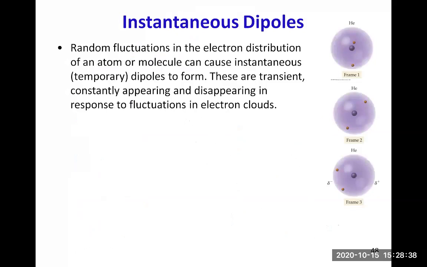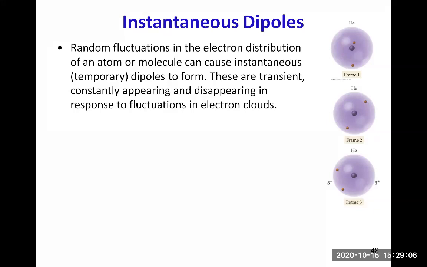So let's look now at the fourth intermolecular force, and that's going to be the London dispersion forces, and it's dependent on what we call instantaneous dipoles. So there are random fluctuations in the electron distribution of an atom or molecule that can cause instantaneous, or what we would say temporary or transient, dipoles to form.